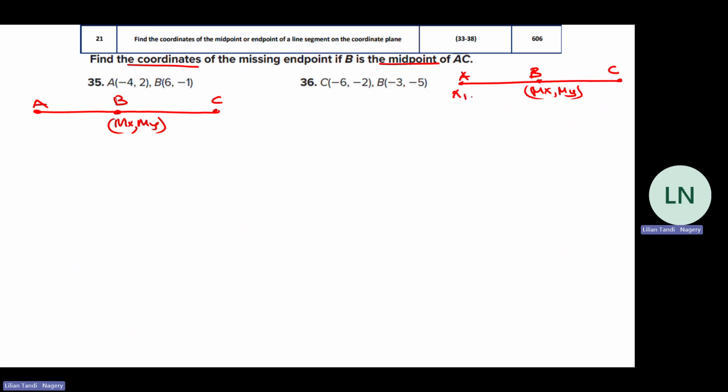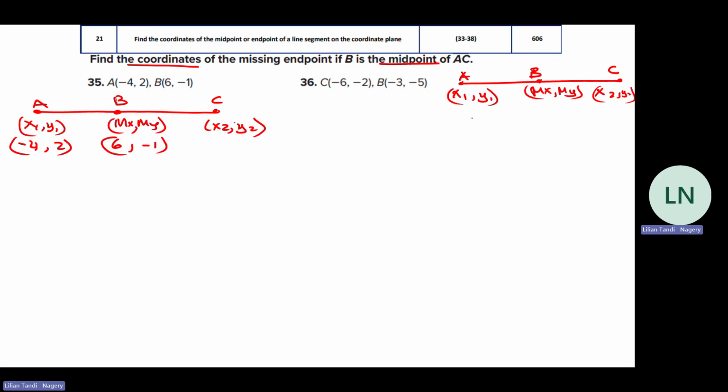So then you can put X1, Y1, X2, Y2. A is -4, 2. B is 6, -1.